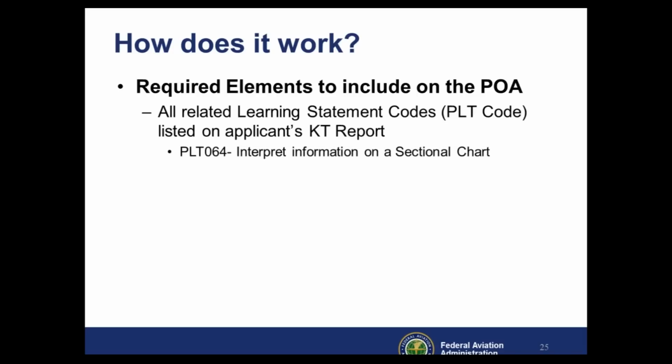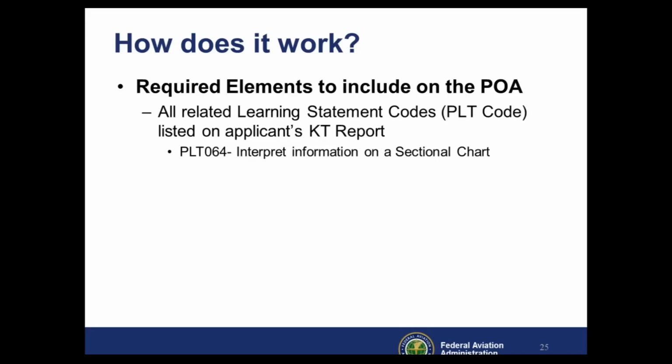I'm going to give you an example of how this might work. Knowledge tests today use something called the PLT code to describe what type of information you missed on the knowledge test. For example, it would say PLT 064. That'll be printed on the knowledge test report. And then you go to the learning statement reference code, and it will tell you that that stands for interpreting information on a sectional chart.